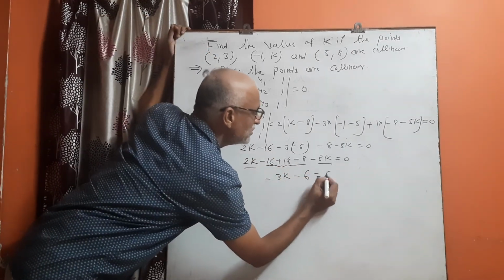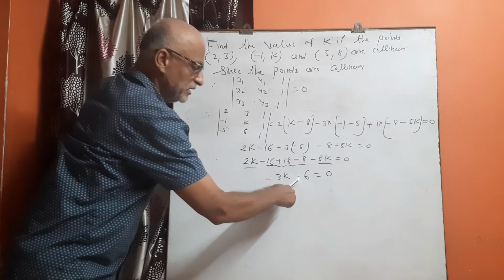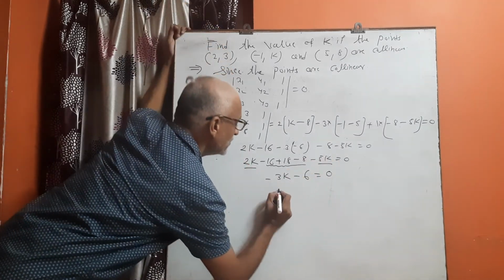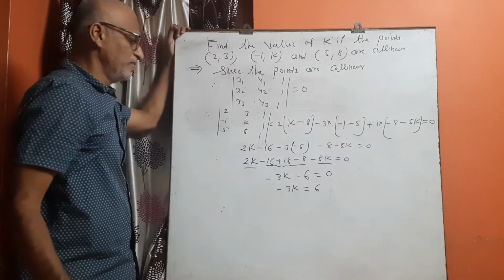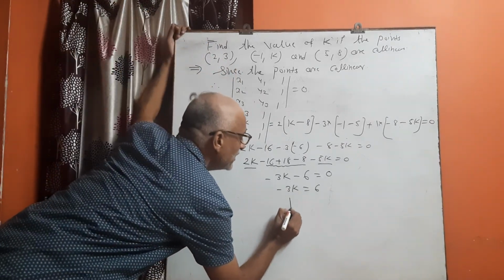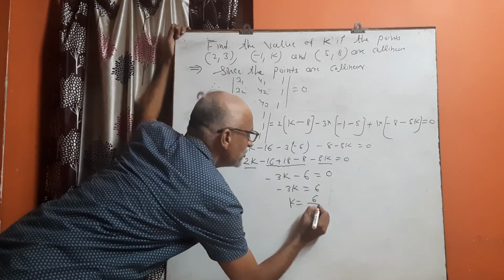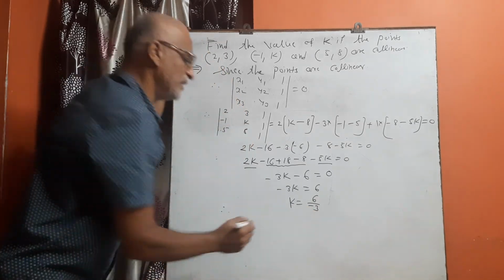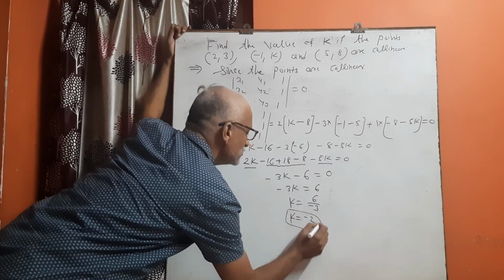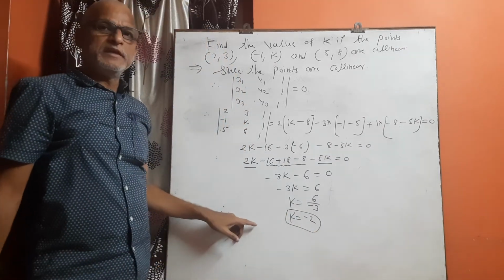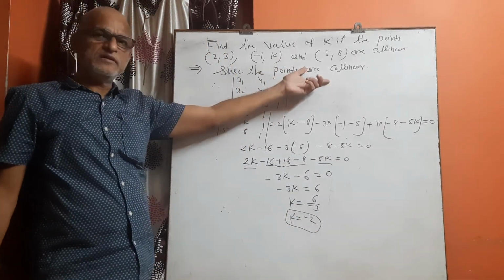I repeat again, if you add these three, minus 16 plus 18 is 2, 2 minus 8 is minus 6, equal to 0. Shifting minus 6 to the other side, we'll get minus 3k is equal to 6, or k is equal to 6 upon minus 3. That means the value of k is equal to minus 2. So we have got the value of k given that the points are collinear.